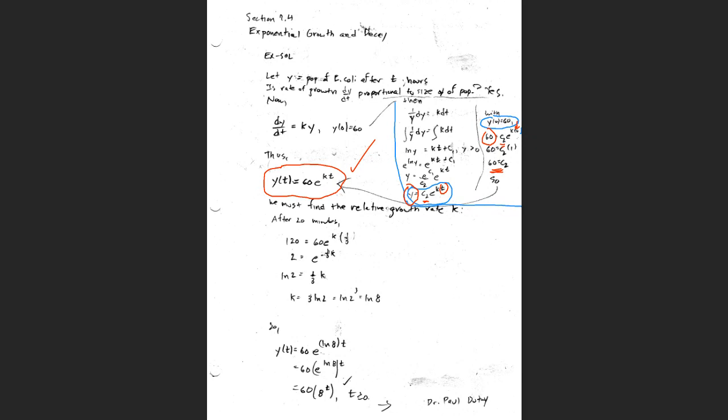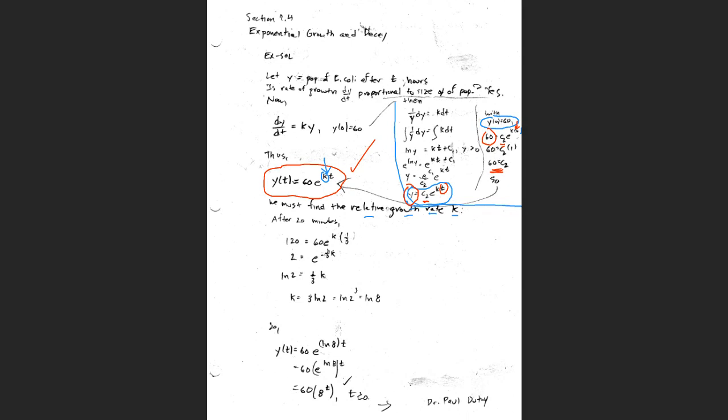Well, we have to find this value of k. This k is what's called a relative growth rate, because it determines how fast this population grows.